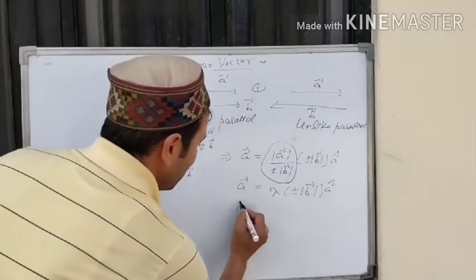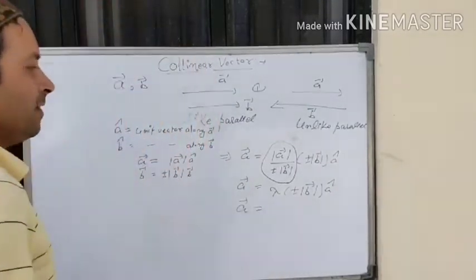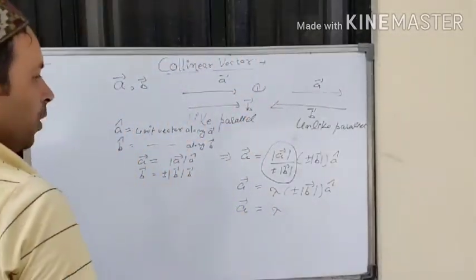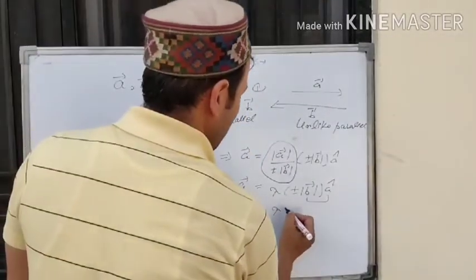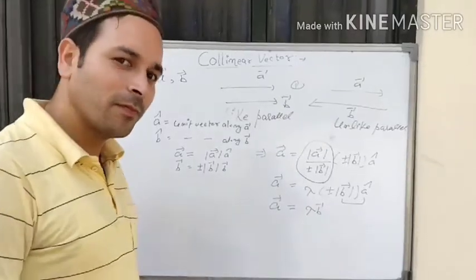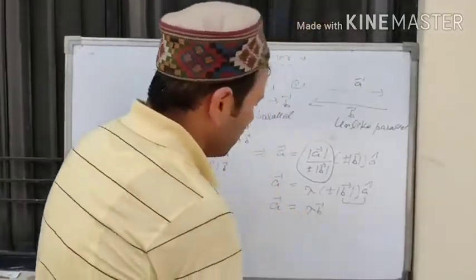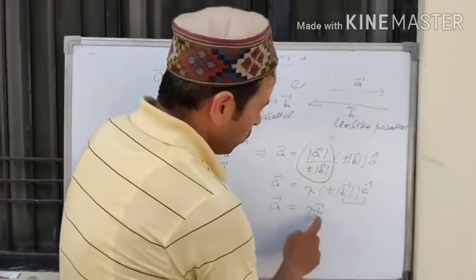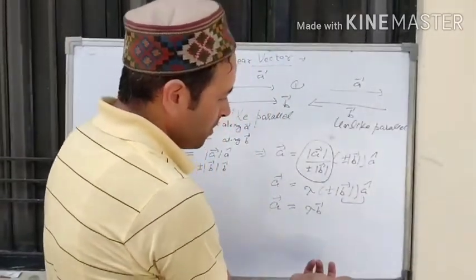Now it becomes A vector is equal to lambda times, now what is this? This is B. Now you can see that this whole thing is equal to B vector. Now how is it a B vector?